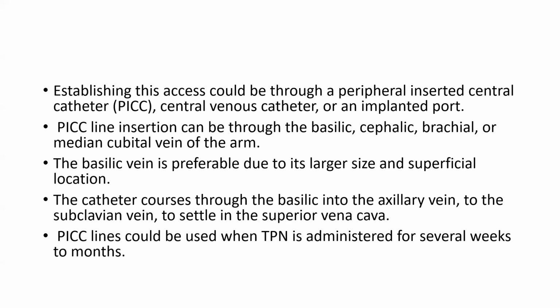The basilic vein is preferable due to its larger size and superficial location. The catheter courses through the basilic vein to the axillary vein and to the subclavian vein to settle in the superior vena cava. A PICC line could be used when TPN is administered for several weeks to months.